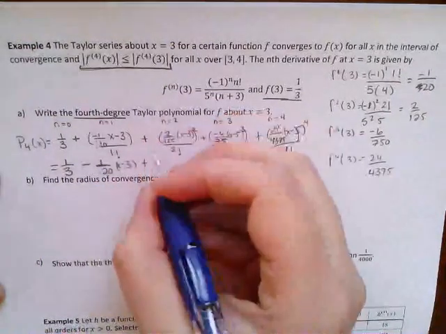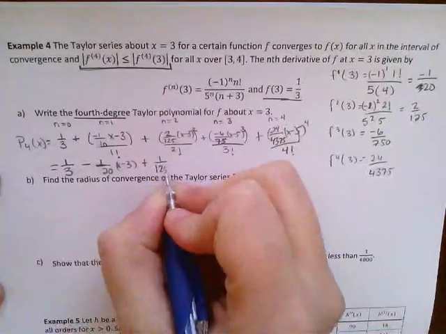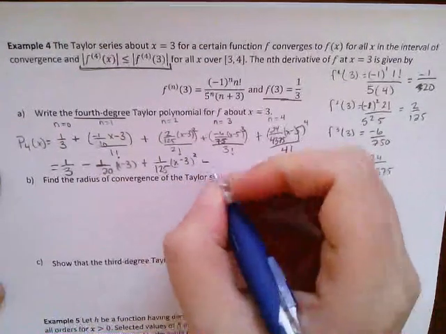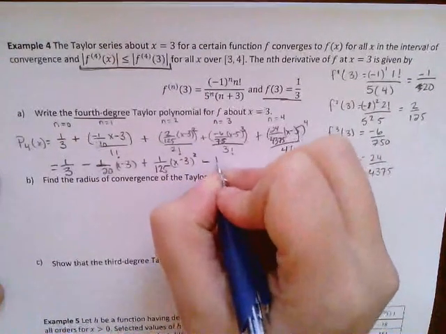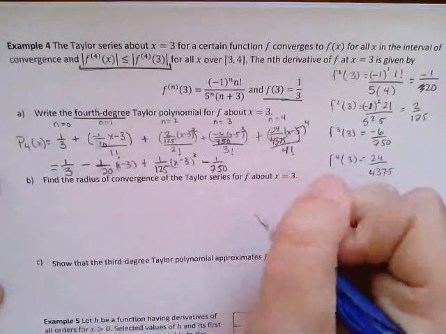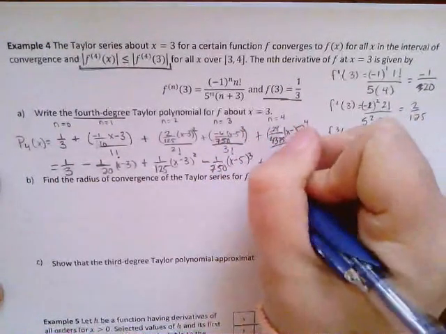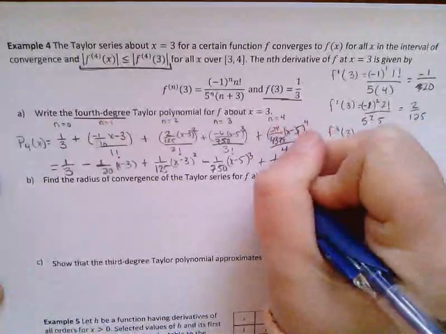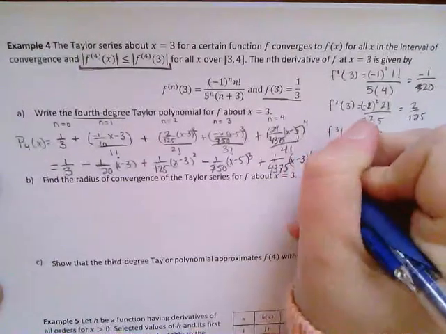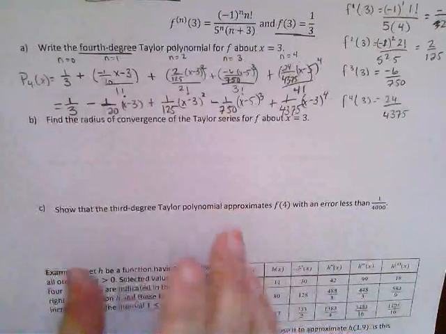Plus, when you simplify this, you end up with 1 over 125, x minus 3 squared, minus, when you simplify this, you get 1 over 750, x minus 3 cubed, plus 1 over 4375, x minus 3 to the fourth. So a lot of it was just simplifying.